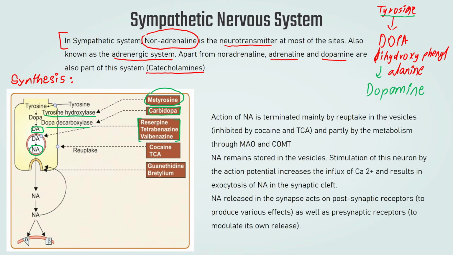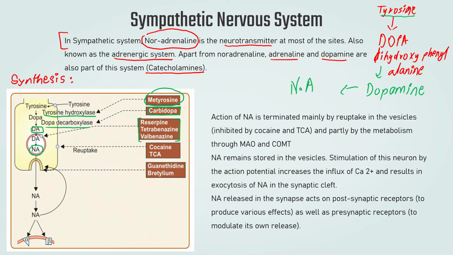Dopamine in the storage vesicles is converted to noradrenaline. This is done by the enzyme dopamine beta hydroxylase. Dopamine to noradrenaline conversion will be done with the help of enzyme dopamine beta hydroxylase.